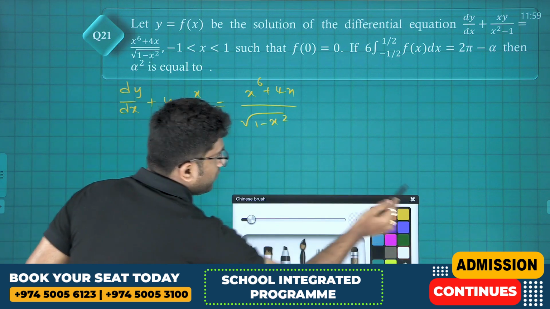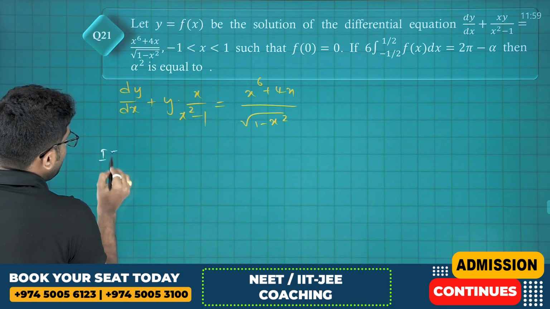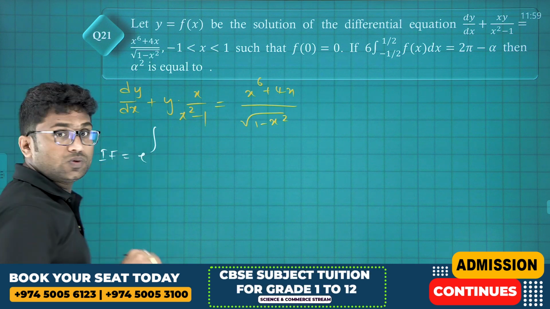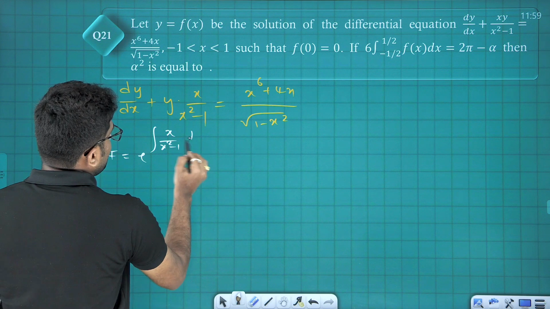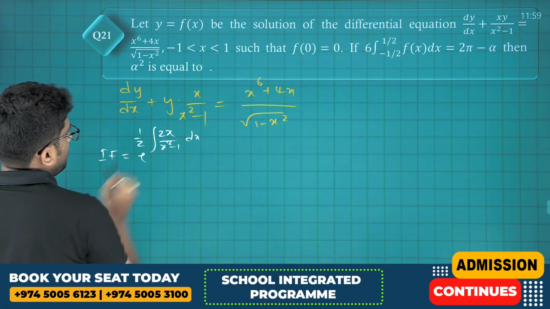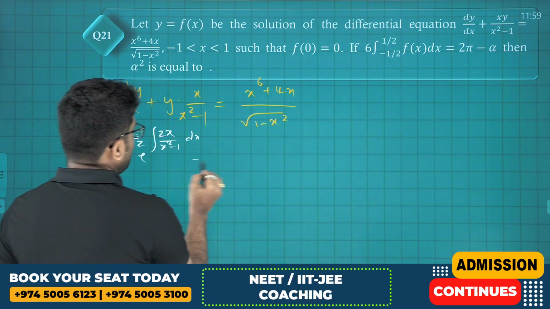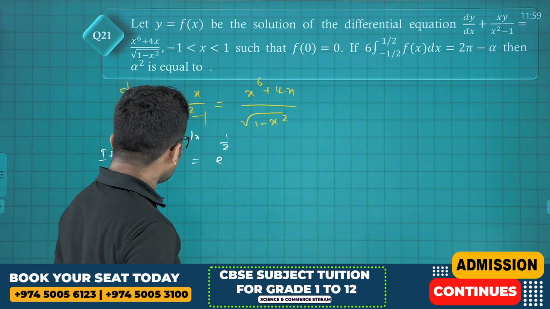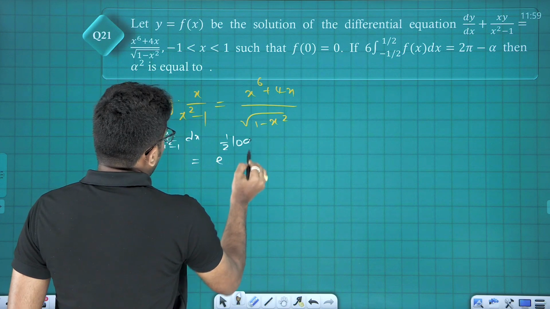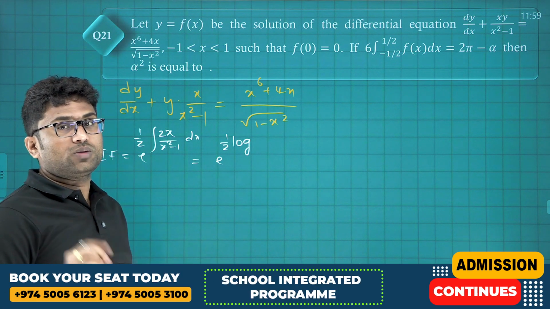So now what is IF? IF is equals to integrating factor e raised to integral p dx, that is x by x square minus 1 dx, multiplying and dividing by 2. This is nothing but e power half into log of x square minus 1 or 1 minus x square.